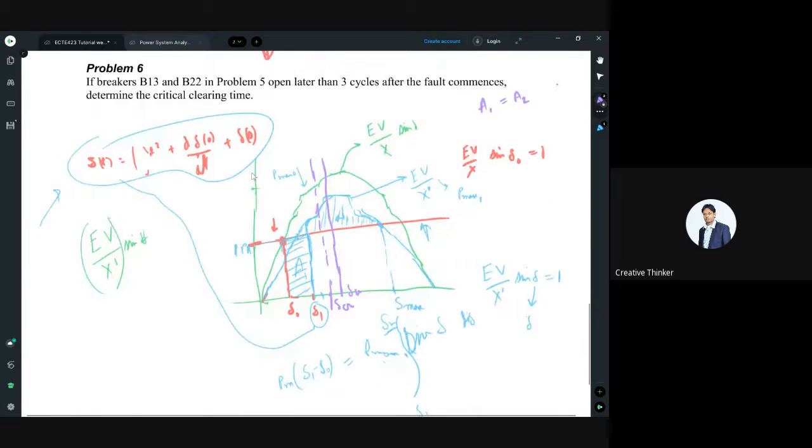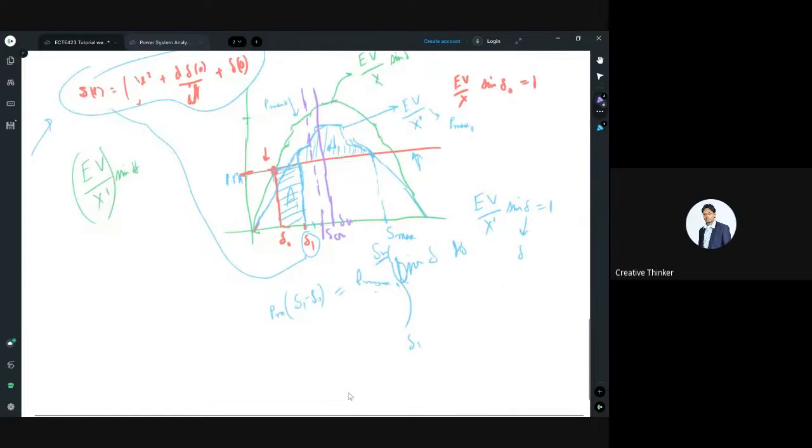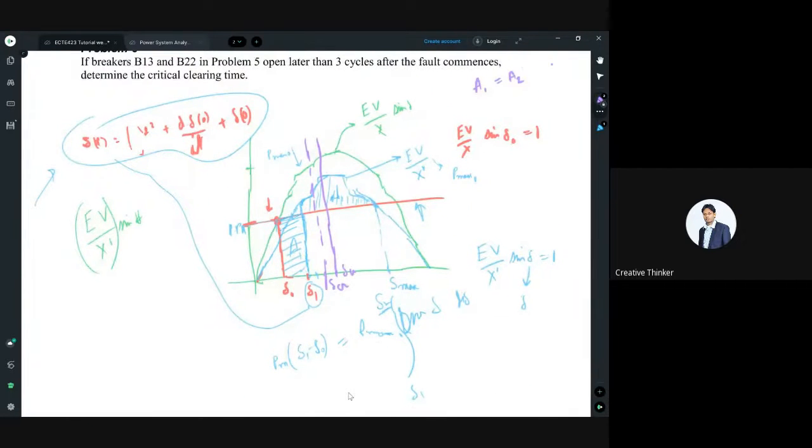So see, in this question, you have to calculate this delta critical. Are you able to understand?